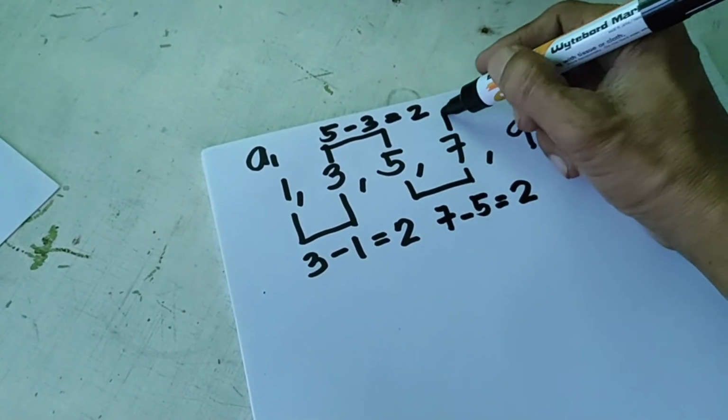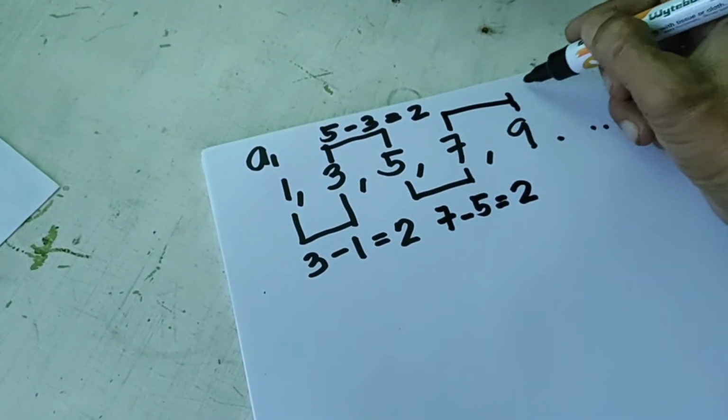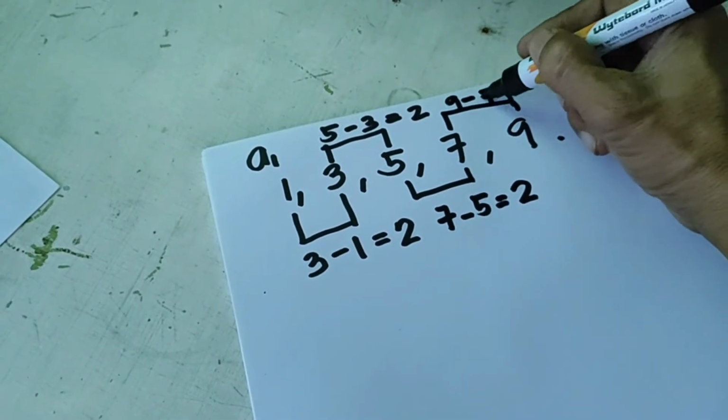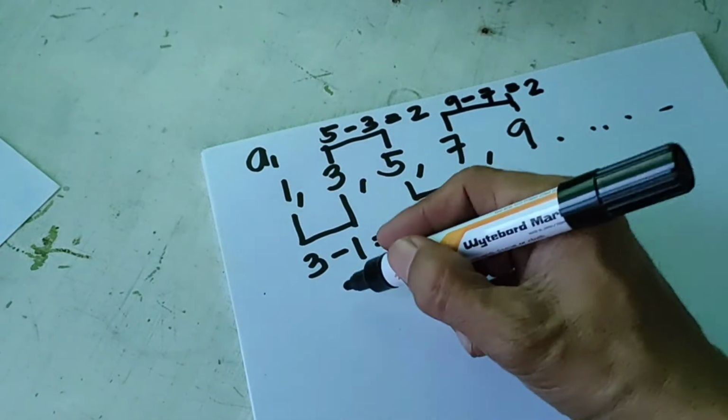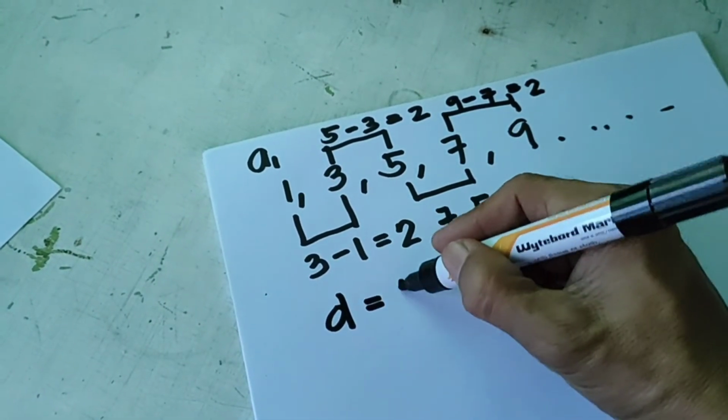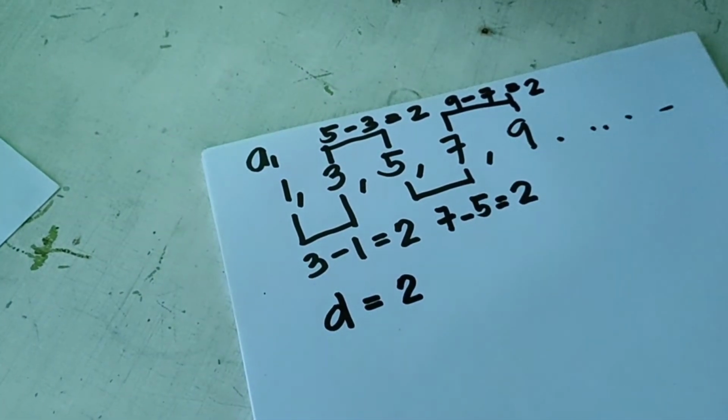Then we have 9 minus 7 is equal to 2. So meaning to say, their common difference is 2. So that is what common difference means. That is what we will substitute in the formula for this sequence of numbers.